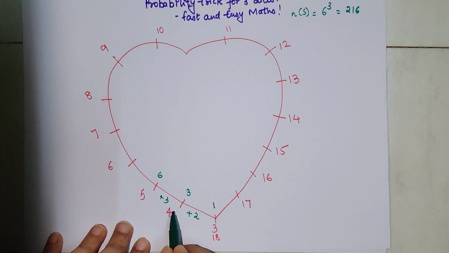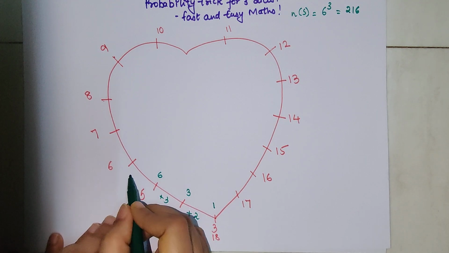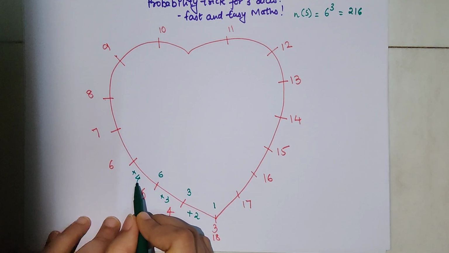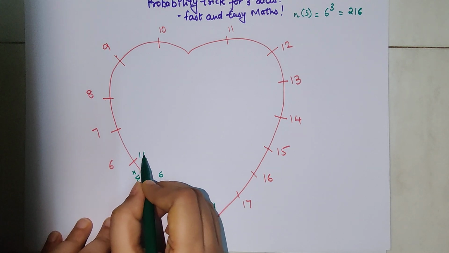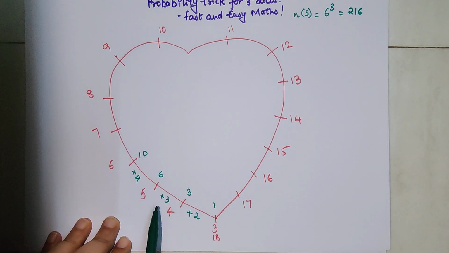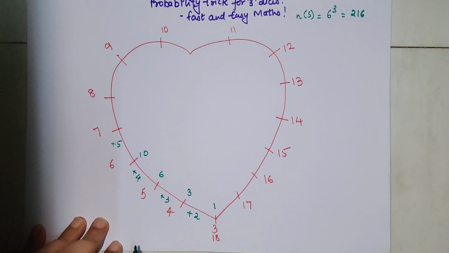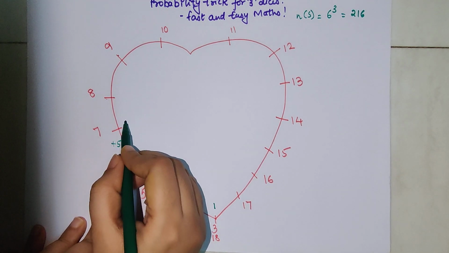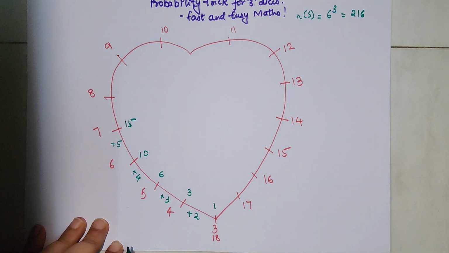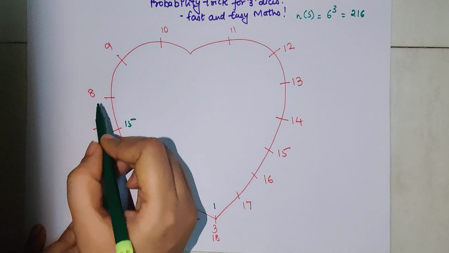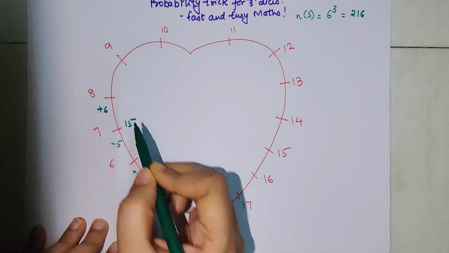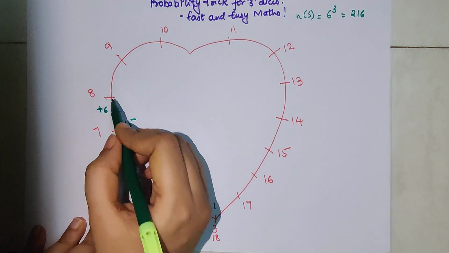After 2, 3, we will have 4, so 6 plus 4 will get you 10. Now after 2, 3, 4, what you should add next is 5. Yes, so 10 plus 5 will get you 15. And after 5 what you should be adding is 6, and when you add 6 to 15 you will get 21.